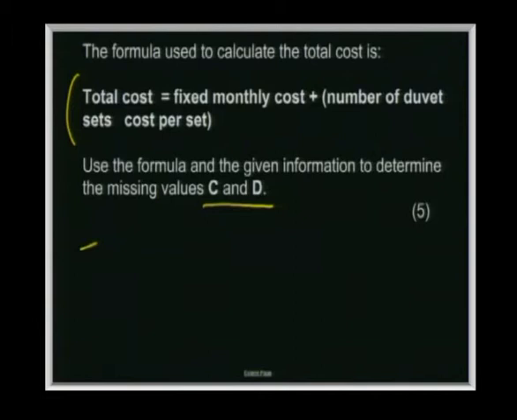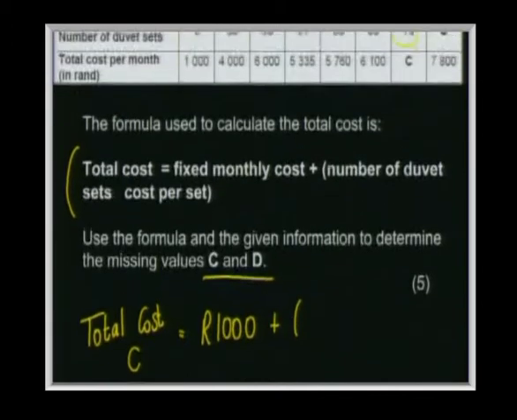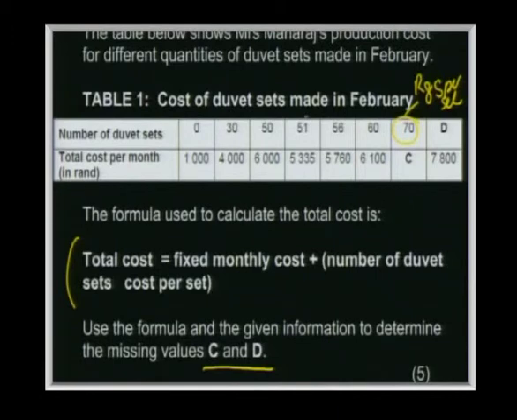Okay, so total cost, in this case it's C, is equal to the fixed monthly cost, which is 1,000 Rand, plus the number of duvet sets in this scenario, which is 70.